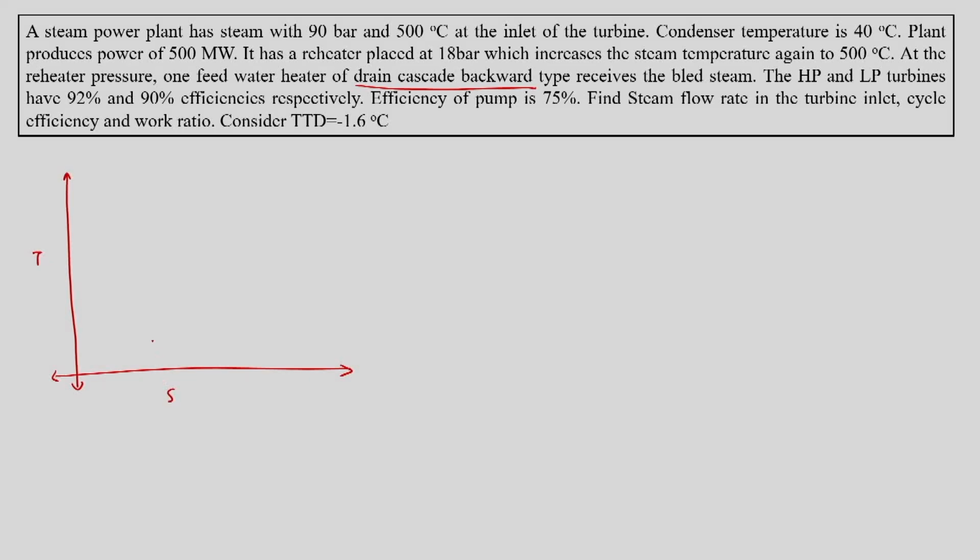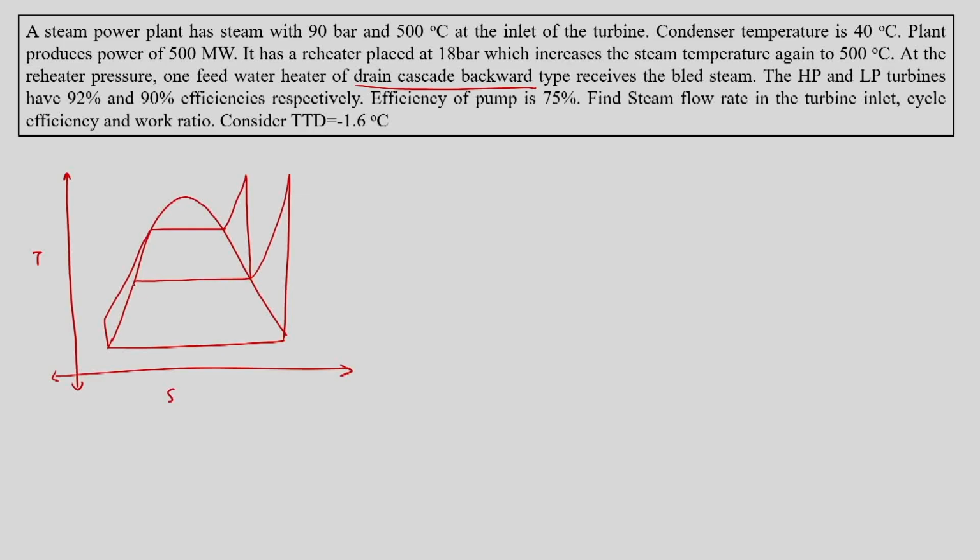So, this is TS diagram, then we have 1, and then, so here it is cascade backwards means steam is sent back to the lower pressure through throttling.